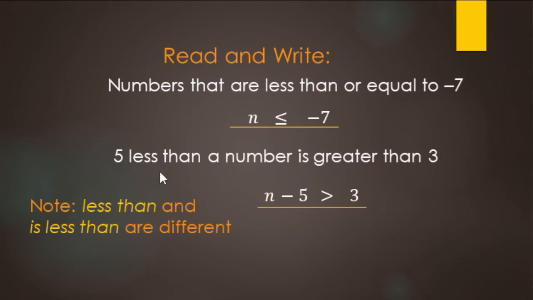So less than and is less than are different. Or you might also see it are less than if you're talking about numbers that are less than. So this is less than or are less than or equal to, and strictly saying less than is a -5 there. So that's the difference between less than and is or are less than.